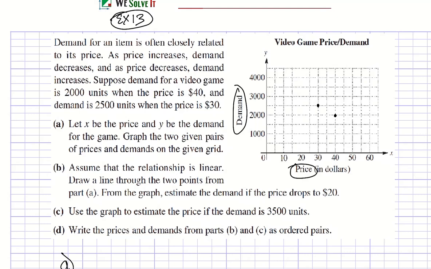It's telling you to graph the two given pairs of price and demand. So if you graph it, it has to go through here, like that. Keep going down. It's a downward sloping curve, a linear downward sloping line. So that's A.